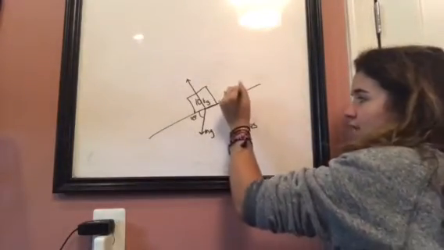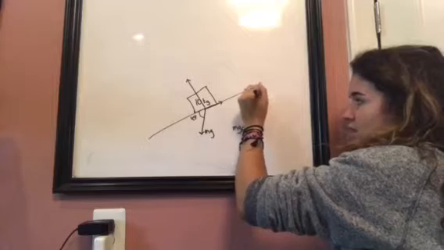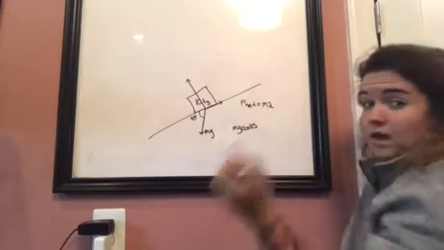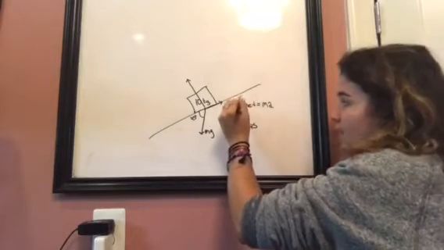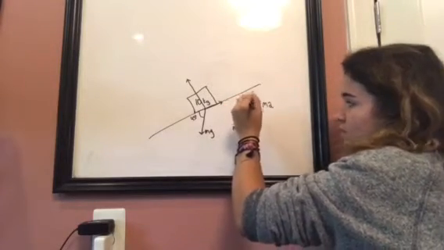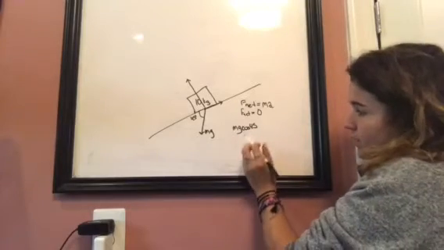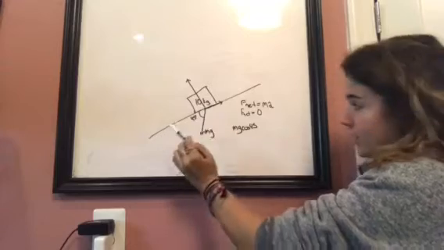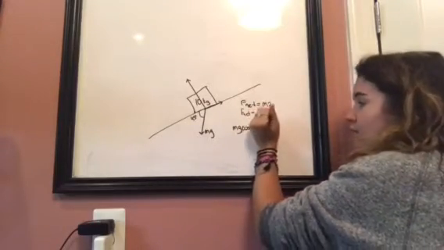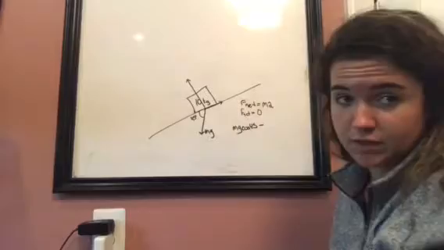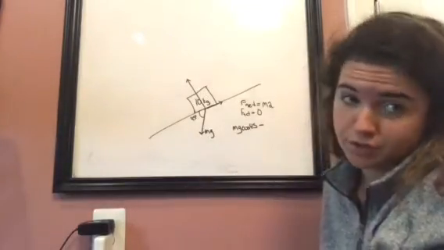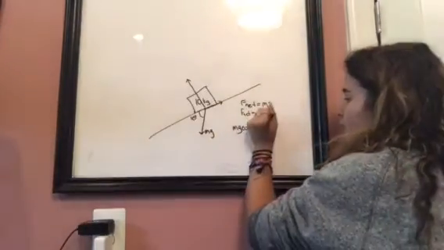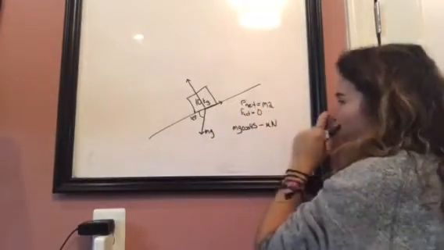If you were to use F net equals ma, but there's no acceleration and it's not moving, then you can set F net equal to 0. So you can do mg cosine 45, which is working in the positive x direction, minus the frictional force, which is mu, the coefficient of static friction, is what we're trying to find, times the normal force. So we'll plug in mu normal.